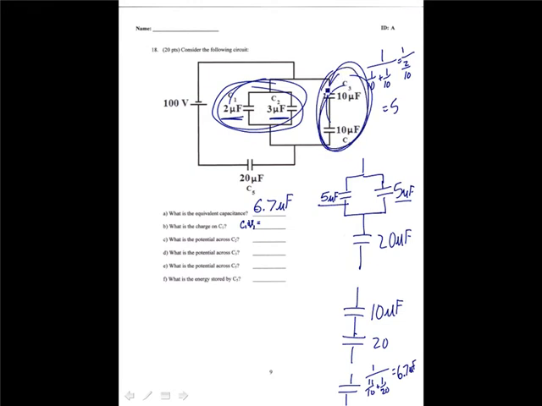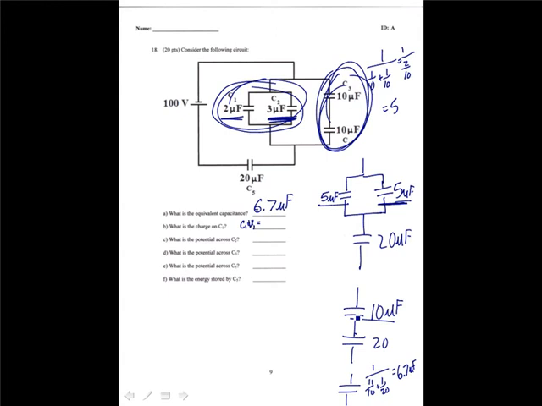Let's see, what is the potential across C2? C2 is this capacitor, and the potential on that capacitor is the same as the potential on these capacitors, which is the same as the potential on this capacitor.